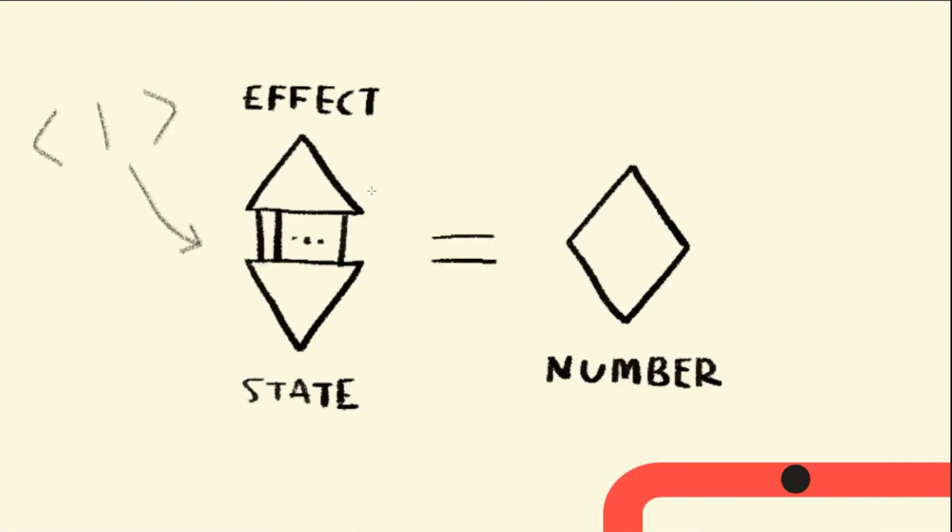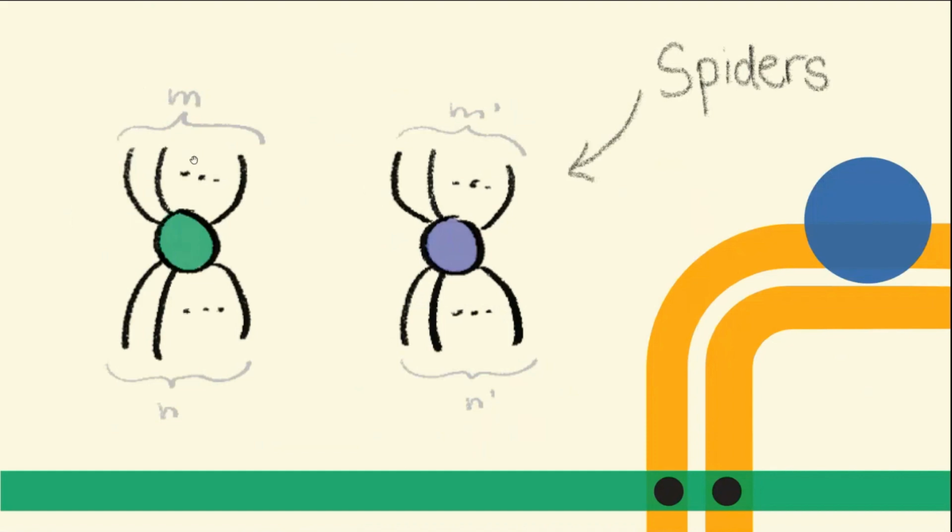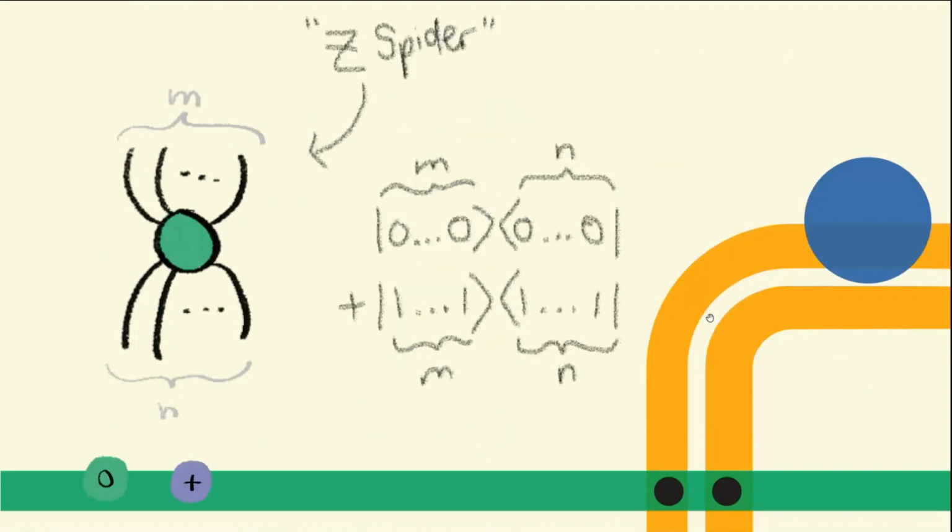Okay, so the two most important boxes in the ZX calculus are the spiders, and they come in 2 varieties. Here I've just decided to distinguish between them with green and purple, but you can pick whichever colors you like. So the green spider is the Z spider, and if we write what it does in Dirac notation, it's written like this. But if you've never seen this before, it doesn't matter.